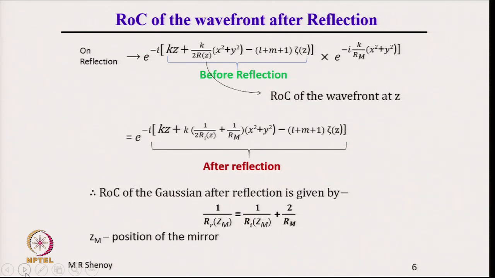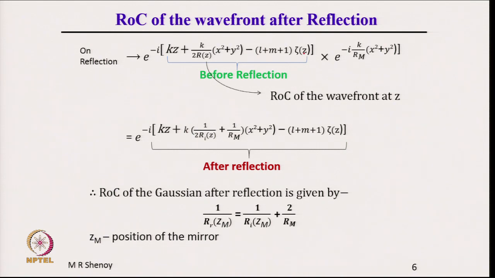Now, on reflection, the incident beam, so this is the phase term. Now we are looking only at the phase term, because the radius of curvature of the wavefront appears only in the phase term, and that is why we are now looking at the phase term. So, e to the power of i k z plus k divided by twice r of z into x square plus y square minus L plus m plus 1 into zeta of z.